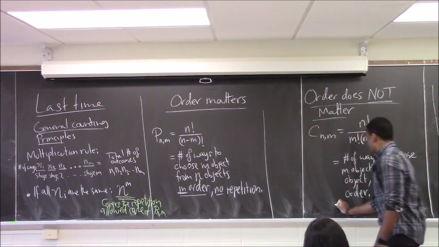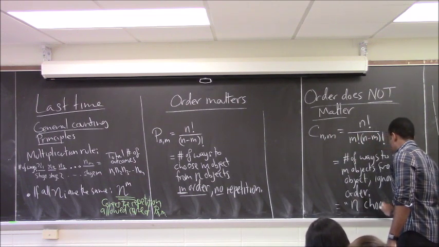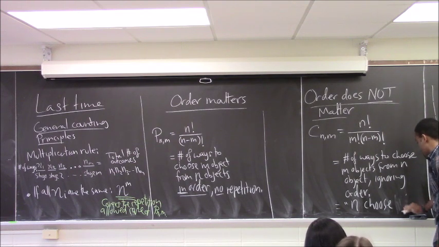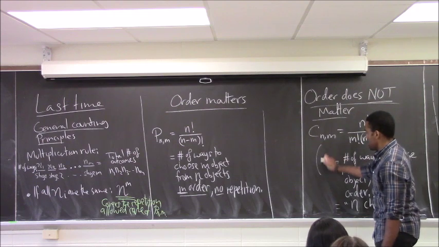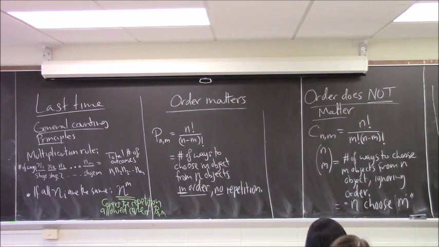It's also called, quote unquote, n choose m, or n choose r, if your calculator uses r. And there's another way to write that notation.